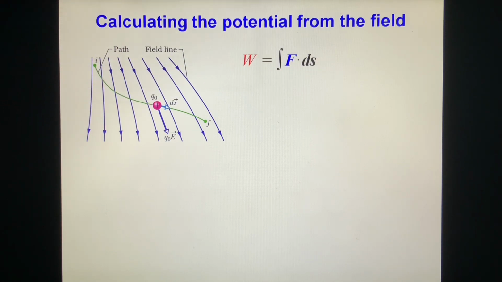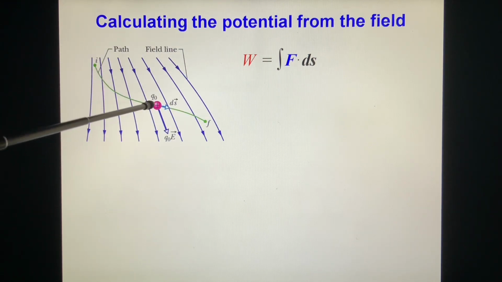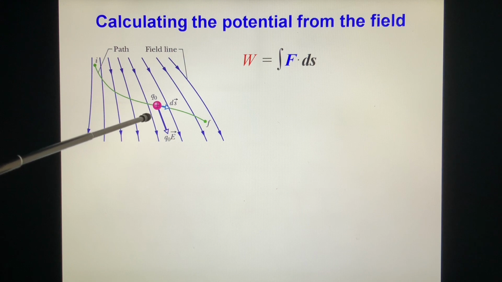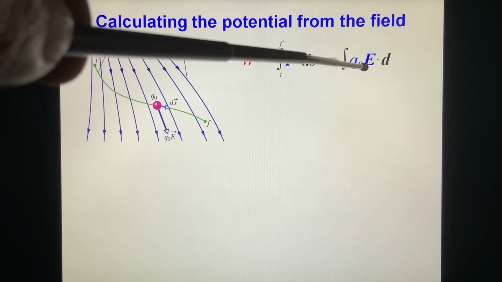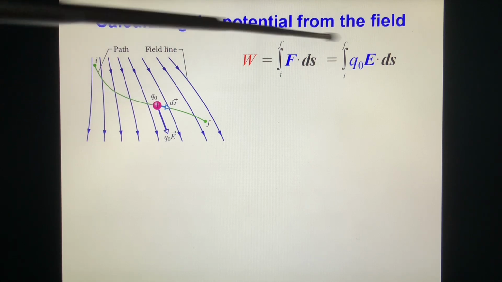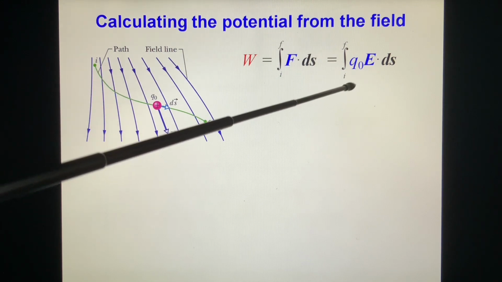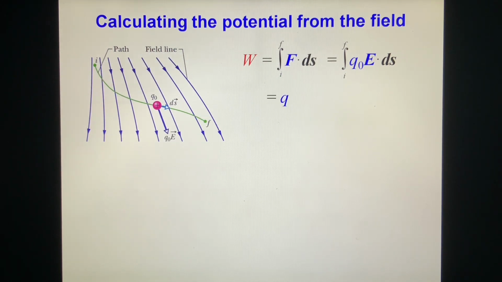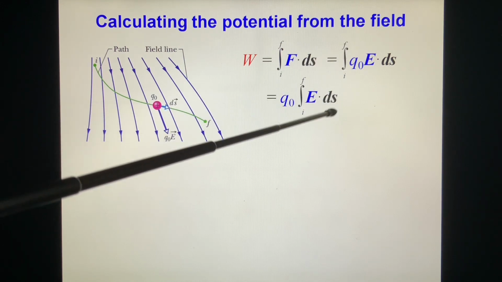That's the basic mechanics. And here F equals the electric force, Q0E. This point has a charge Q0, and E is exerted on it. We integrate from the initial point to the final point. Q0 is constant and taken out. So this is Q0 times the integral of E dot ds.